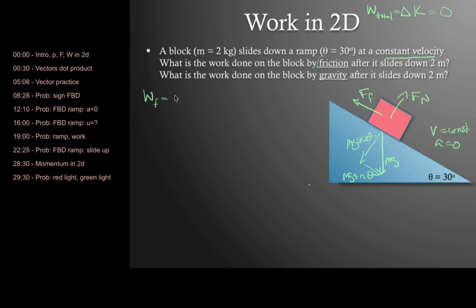So the work of friction is going to be the frictional force dotted with the displacement that the box goes. So this box is being displaced some x down the ramp, this 2 meters right here.